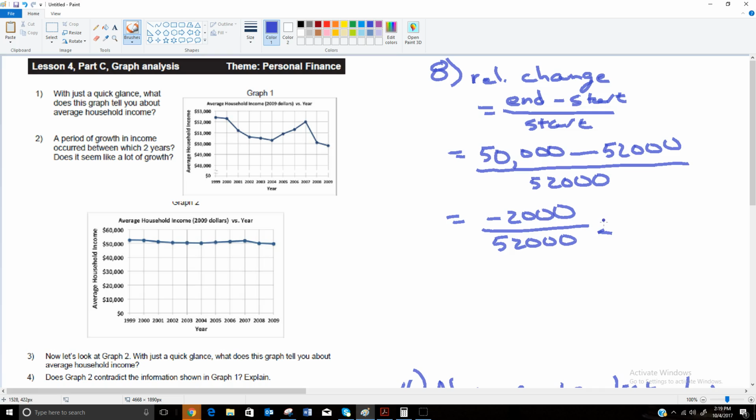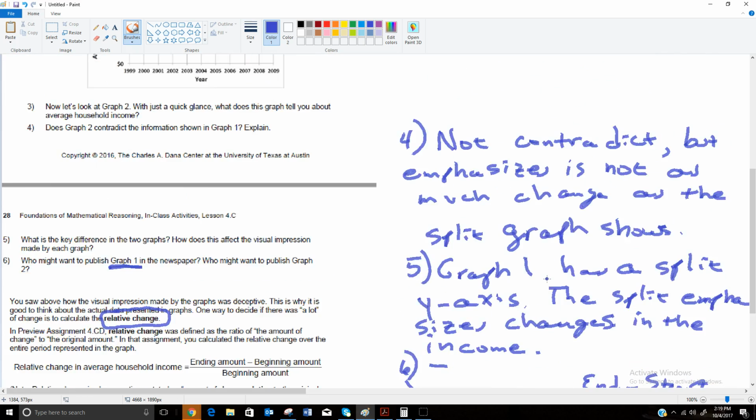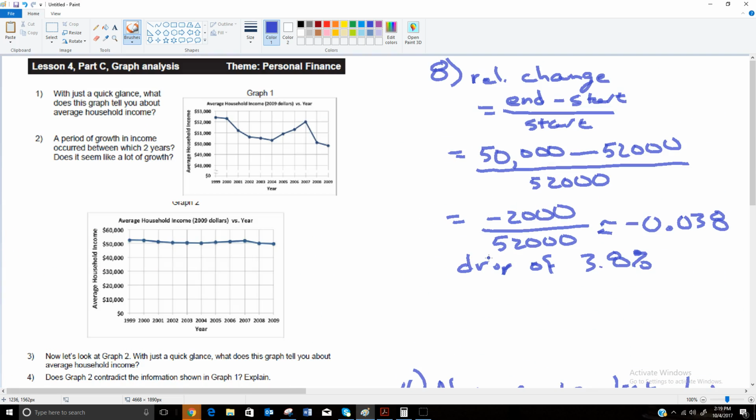So this is approximately negative 0.038, or a drop of 3.8%, roughly. So that was more of a drop than we had of an increase over here of only 3.4. But that makes sense because before we went from here to here, and then we started here again and we went down, and it came down lower than it had been before, even in 2004. So it dropped 3.8% in that 1 year. So that was the most significant decrease that they had during that time period.